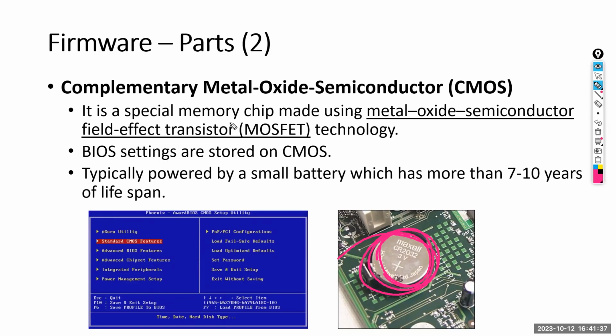Okay, so now we have discussed two things. One is BIOS, that is basically your drivers, the main firmware provided by your hardware vendors. Then we have the CMOS to save your user preferences related to the hardware.